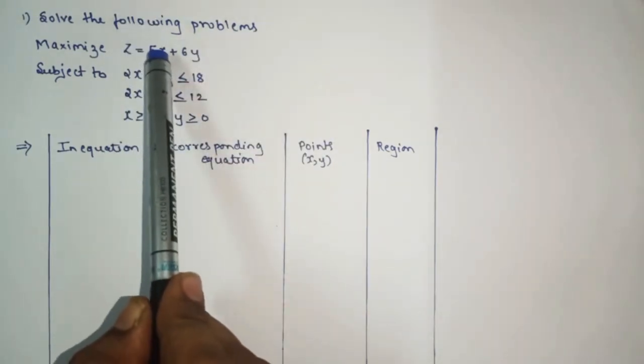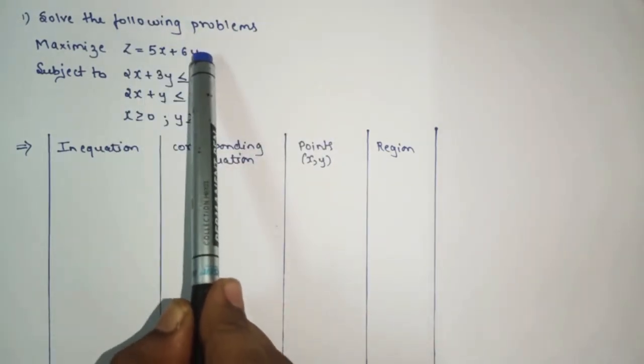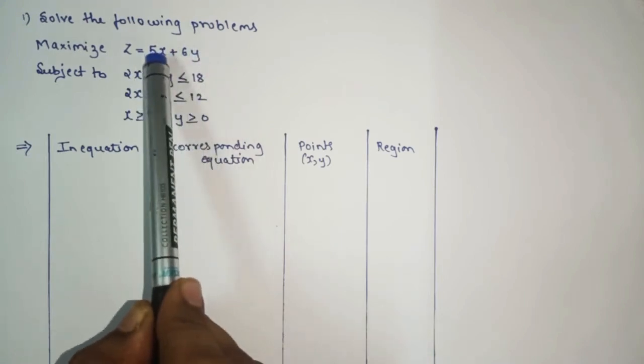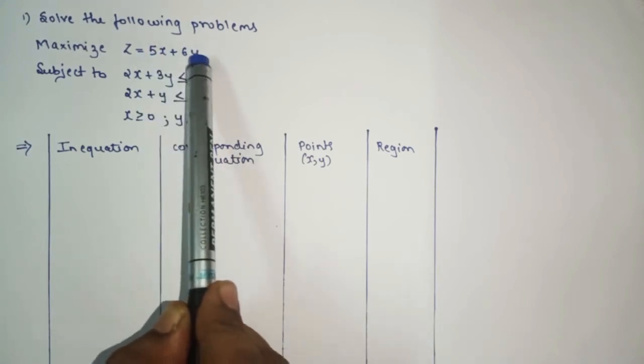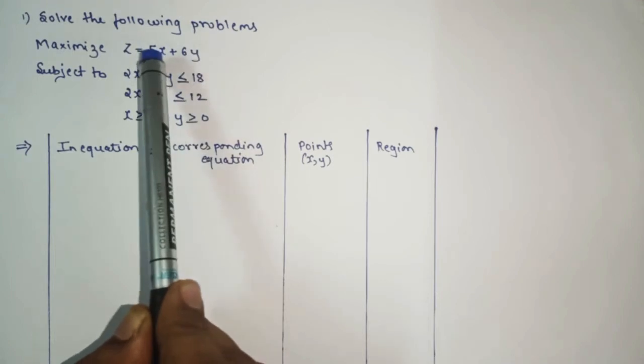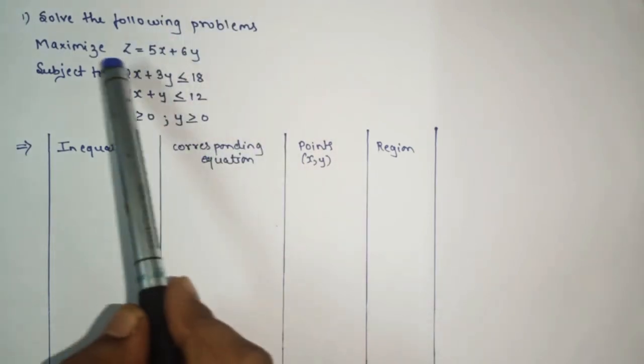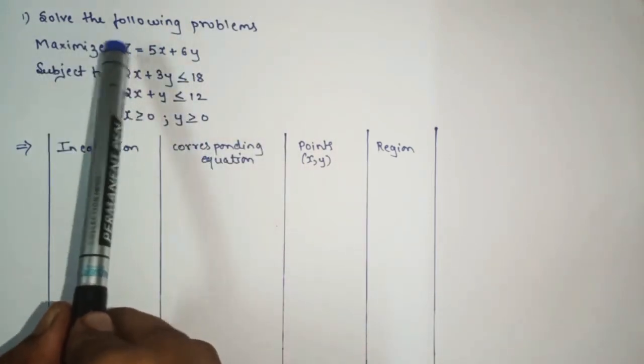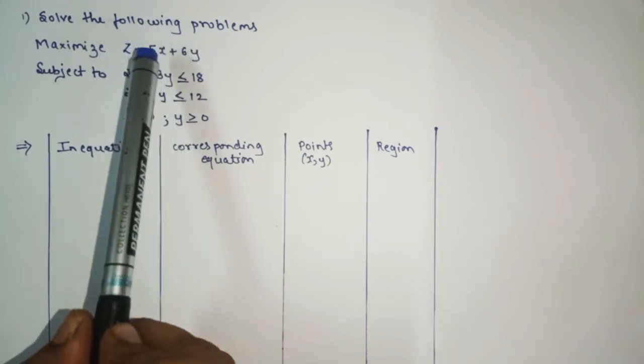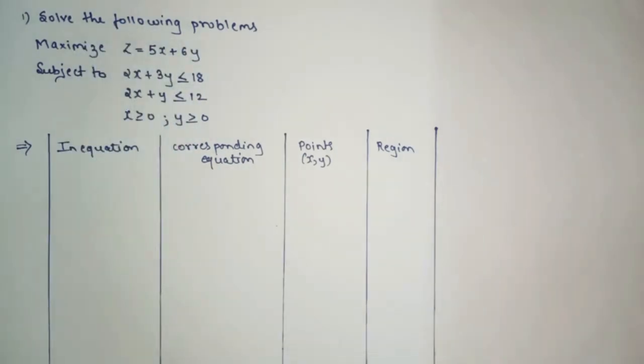For example, if I say the value of x is 1 and y is 2, so 5 ones are 5, 6 twos are 12. So 12 plus 5 will be what? 17. So that means the value of z will be a number. So z is actually a value.